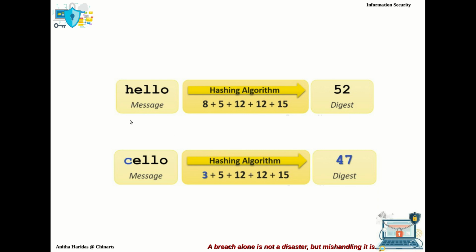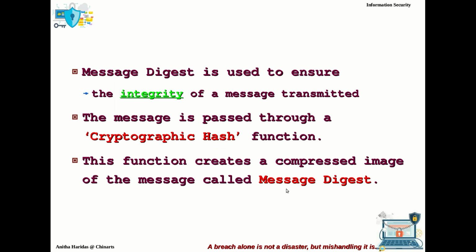You can observe that if you change even a single character in the original message, it is going to generate a different message digest, and the reverse is not possible. From the digest we cannot generate the original message. So this is generally a one-way hash function.